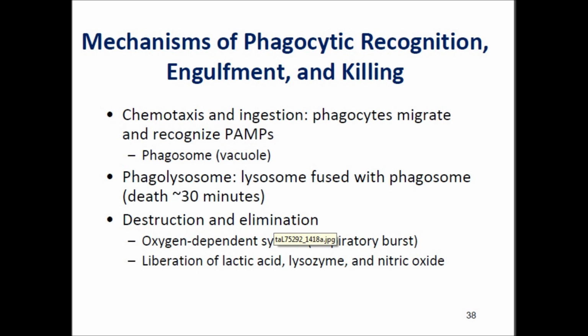They recognize those pathogen-associated molecular patterns. Then usually they have a phagosome, a vacuole that they take in. What's interesting is that the phagosome then merges with a lysosome. I don't know if we talked about lysosomes too much, but those are organelles in eukaryotic cells that have specific chemicals, basically a solution in them, that is able to kill a microorganism.